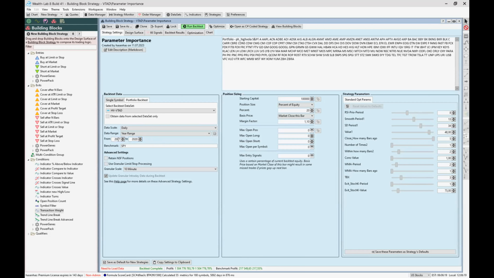What will happen in practice? You're developing your system, you say, okay, the system works very well. And the next step is to look at the out-of-sample date range. And then you look at the out-of-sample date range, and let's say the system does not work well in the out-of-sample time frame.